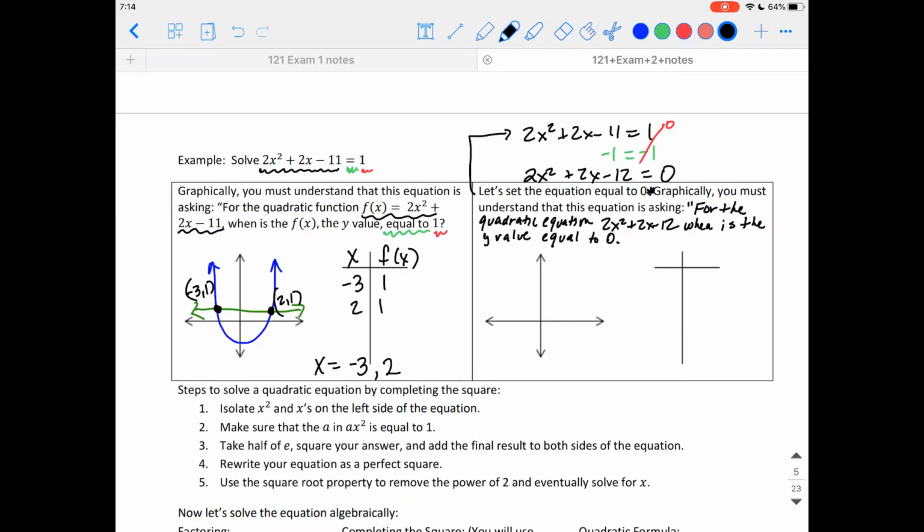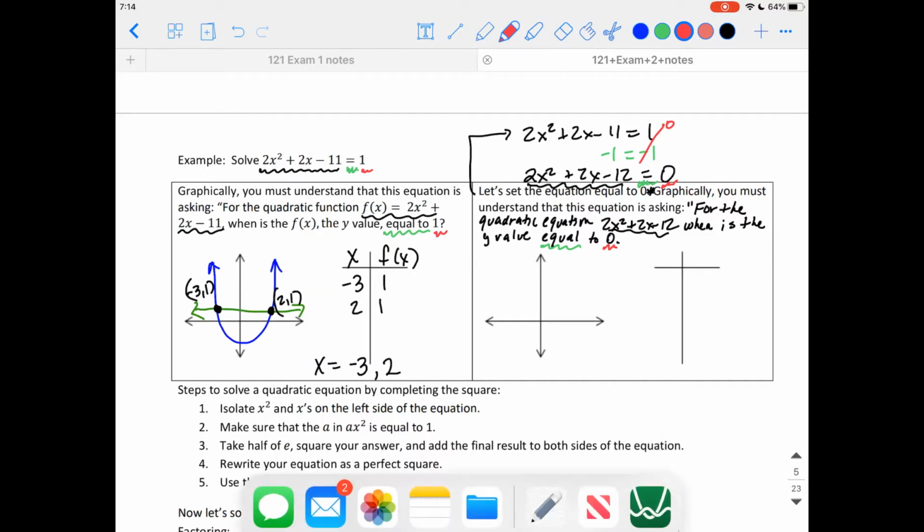So here it's different from the example that we just did. This part right here is this right here, and then we want it equal to 0, but not 1. But if you notice, it's the same equation, so we should get the same answers. We're still going to get -3 and 2.